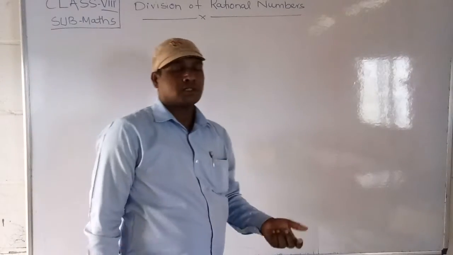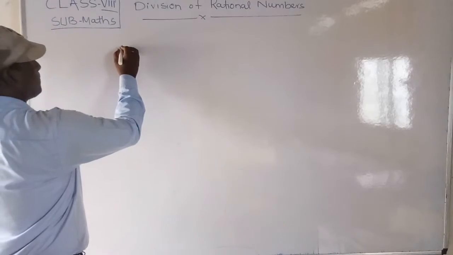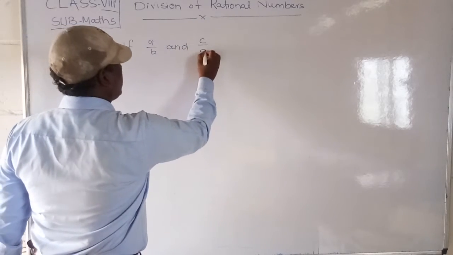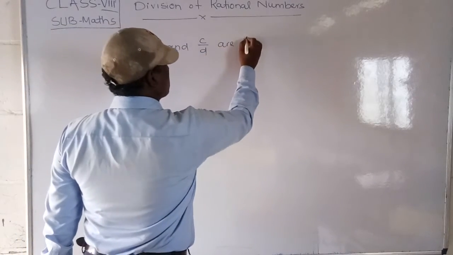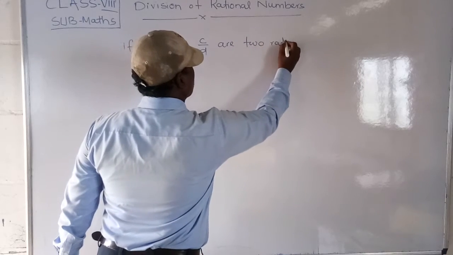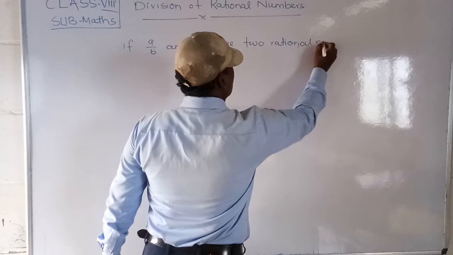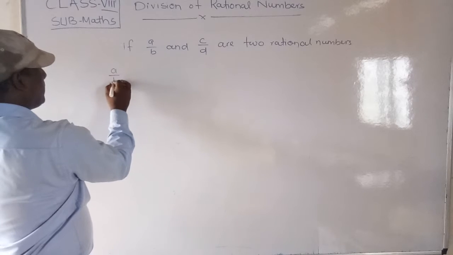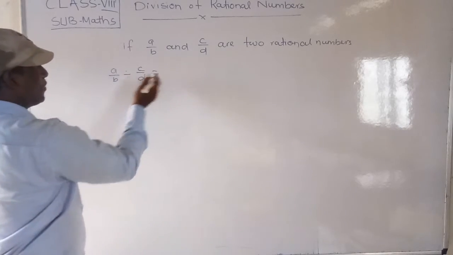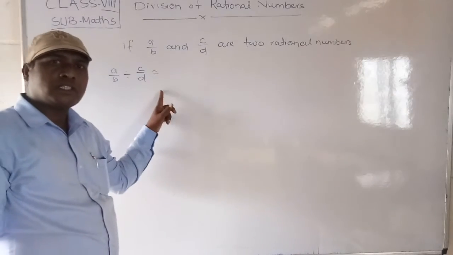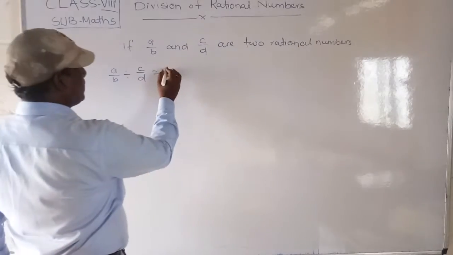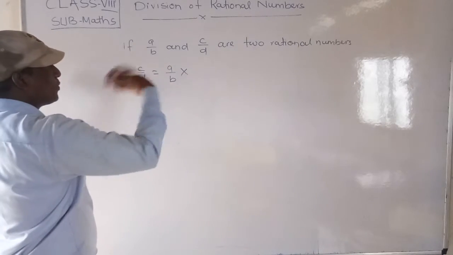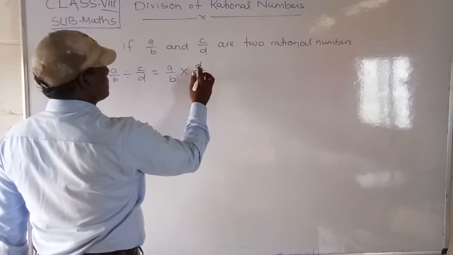What is the division of rational numbers? We will see. So students, if a by b and c by d are two rational numbers, then what will happen? a by b divided by c by d is equal to, first of all, we have to write a by b into the reciprocal of the divisor, that means d by c.